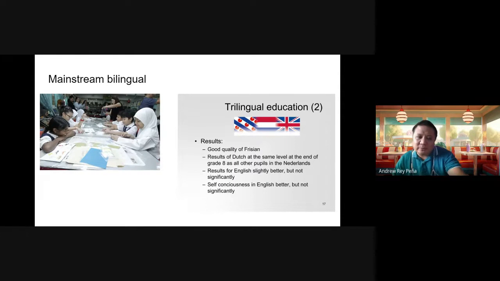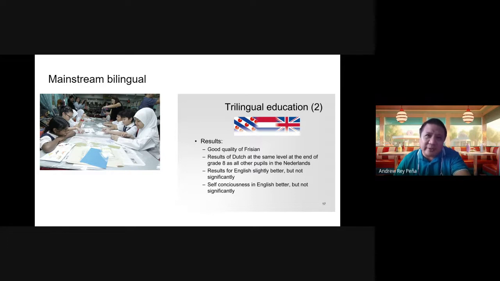And then you have mainstream bilingual. This is similar to a maintenance program, but in this case, all languages are considered majority languages. By the way, class, a good example of this are European schools. For example, in Belgium, you have French, you have German, you have Spanish, and all of them are considered majority languages.